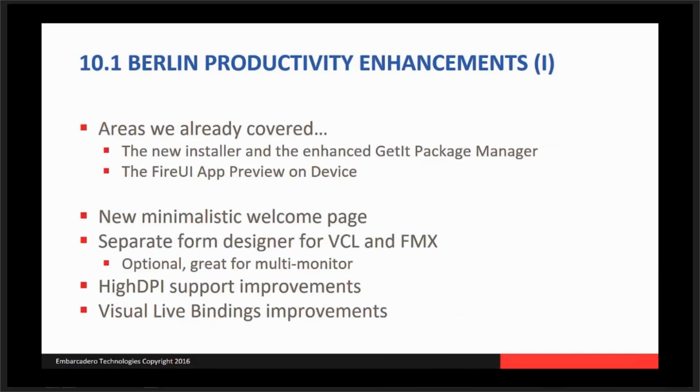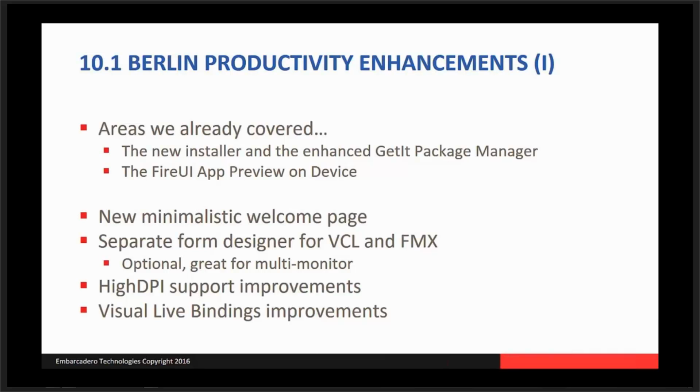But we do have quite a few interesting ones in this release. The new installer is a significant productivity enhancement, and the enhanced package manager beside the feature manager is part of the installation process. Also, we have this new FireUI app preview and device, which is pretty unique in the industry and very funny and nice to use.